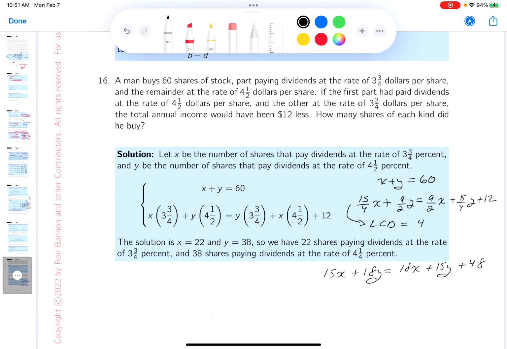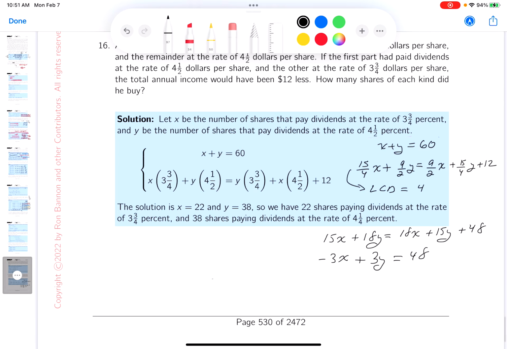I'm going to get it in nice order. So it's minus 3x plus 3y equals 48. And what I'm going to do is I'm just going to divide through by minus 3. And what do you get? You would get x minus y equals minus 16. And that's really the second equation, really kind of simple, isn't it?